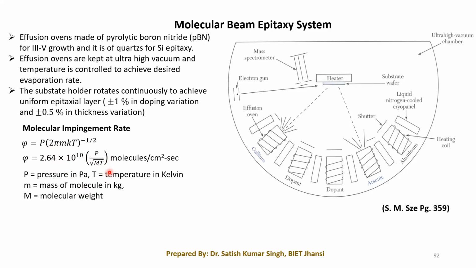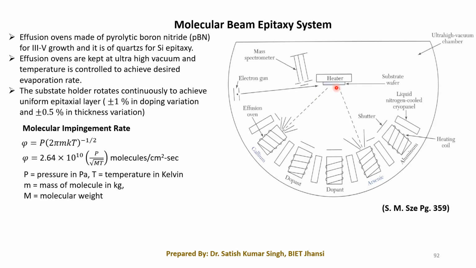So this molecular impingement rate is actually giving you how many molecules are impinging onto this particular substrate area per unit time. That is going to decide the thickness of your growth, or you can say the growth rate.